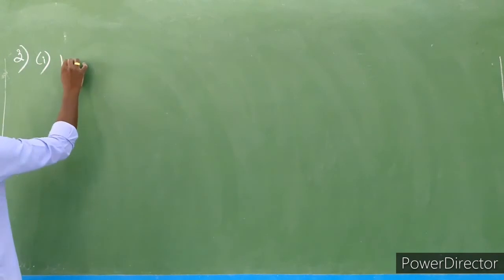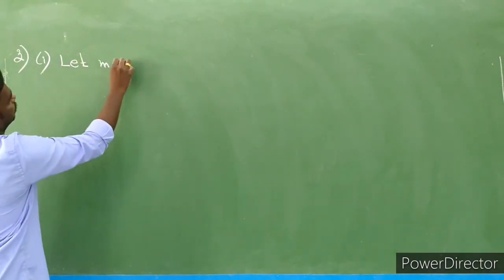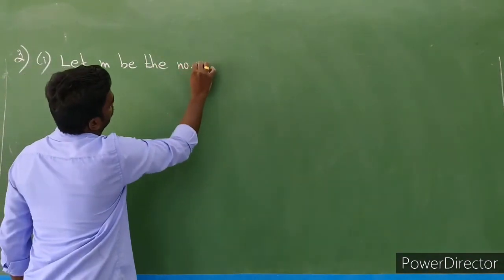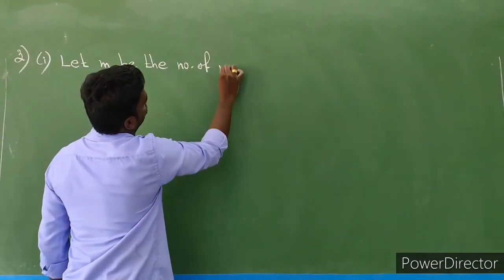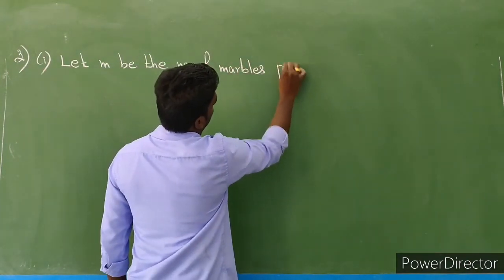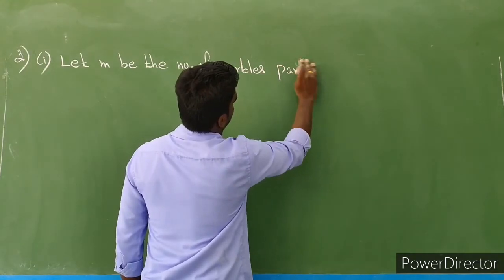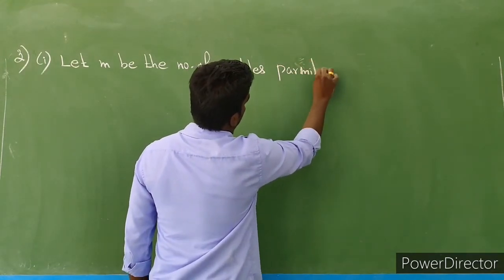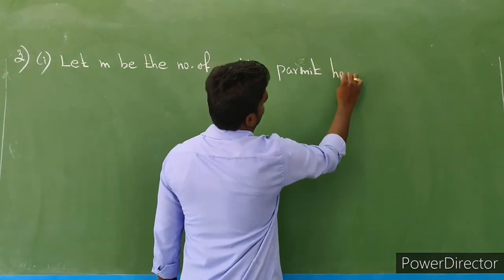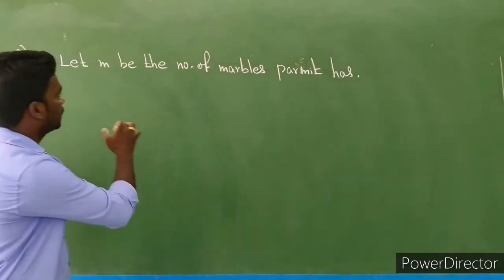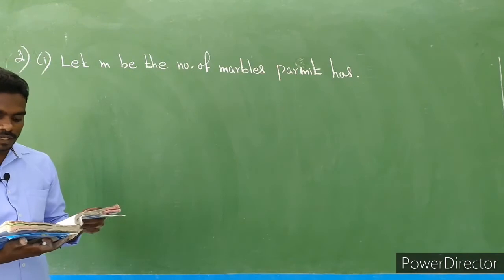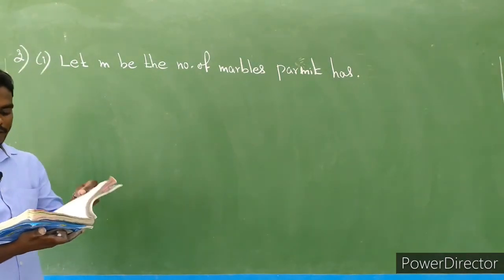So let M be the number of marbles Parmet has. What is our condition? Irfan says that he has 7 marbles more than 5 times the marbles Parmet has.